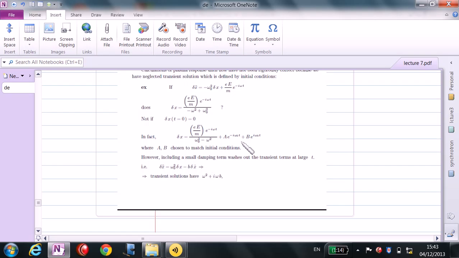The point is that these homogeneous, is this called the homogeneous part or the inhomogeneous part? This is the homogeneous part. And why is it called homogeneous and this is inhomogeneous? Because if you put in the homogeneous part, you get 0 in your equation.